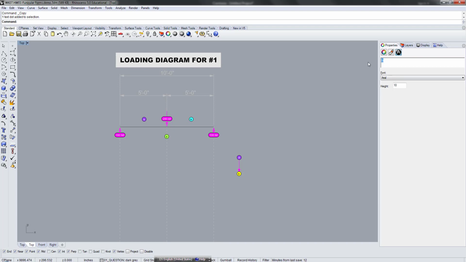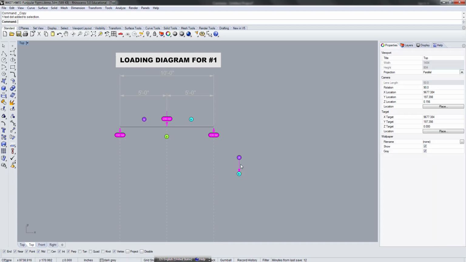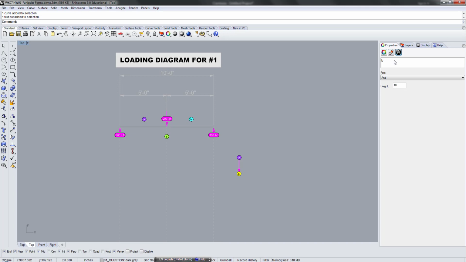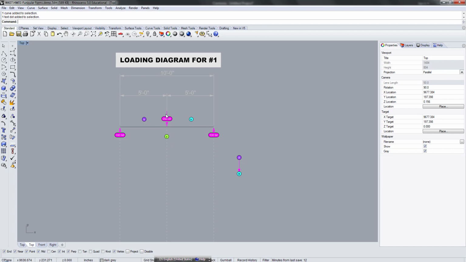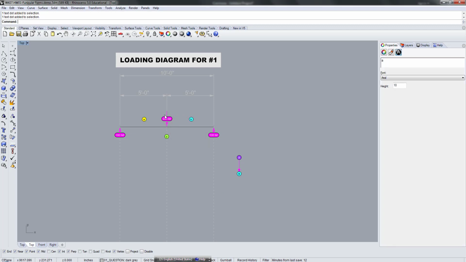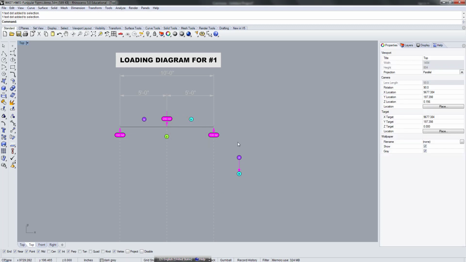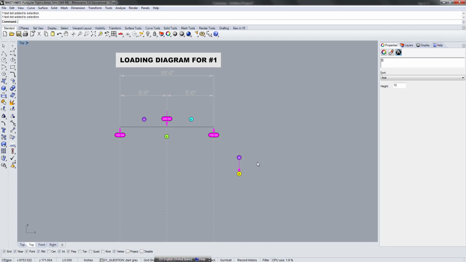Since it's a force lying between zone A and B, it's going to be called AB, and it's going to start from point A and end at point B.